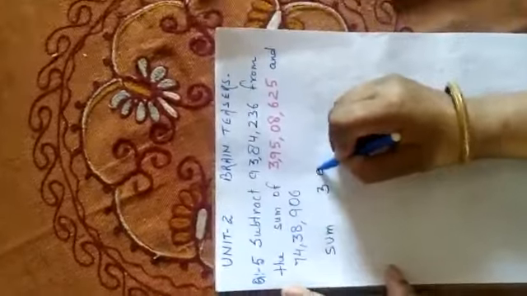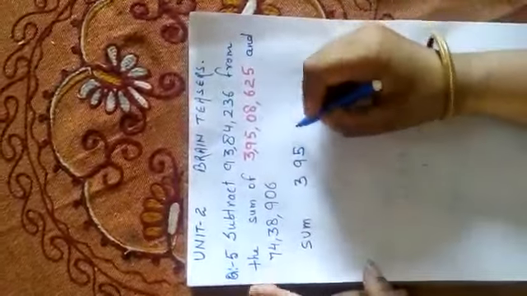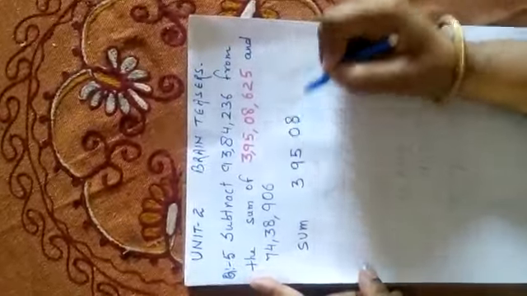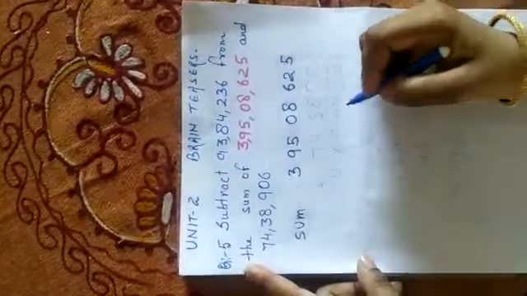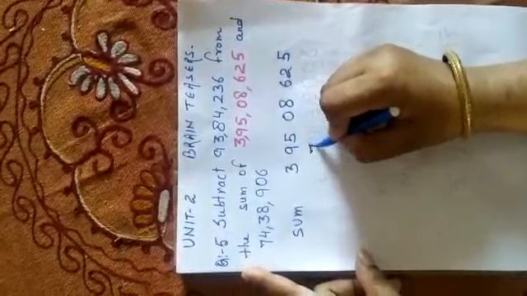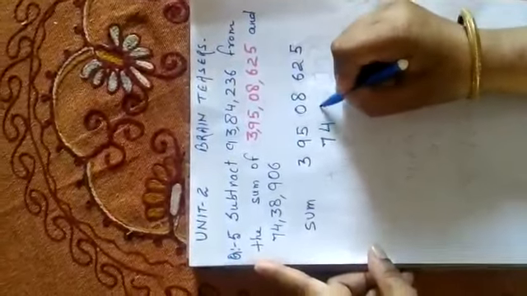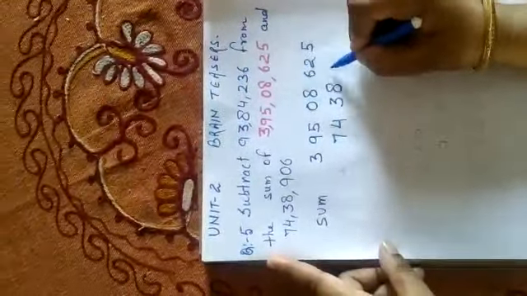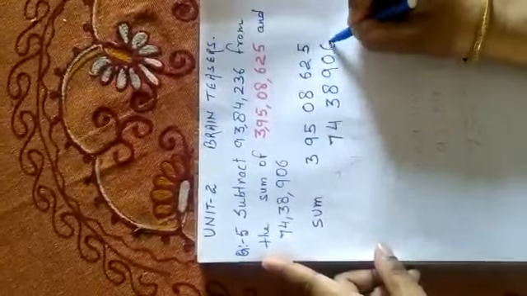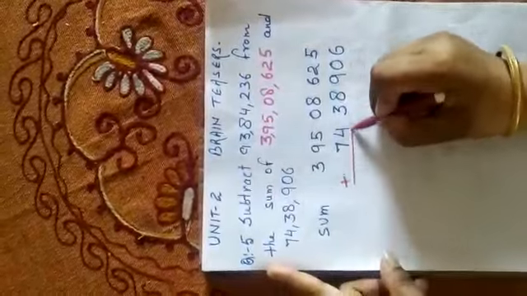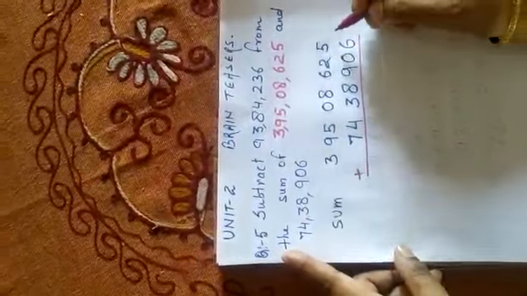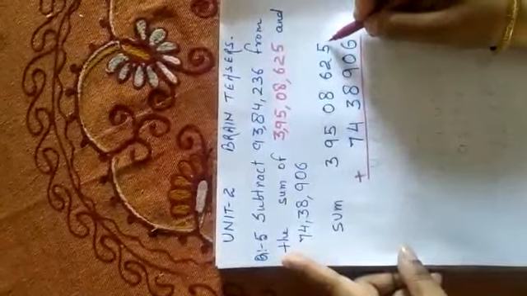3 crore 95 lakh 8,625. Now I will write 74 lakh 38,906. Now let's find the sum of these two numbers. We will start from extreme. What, children?